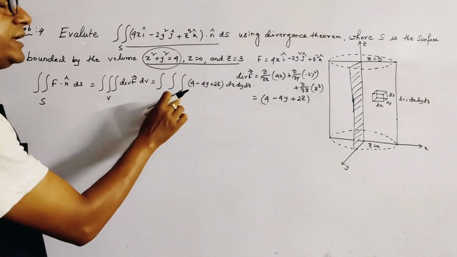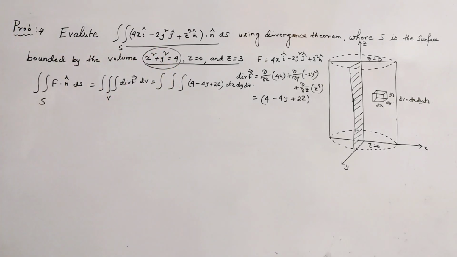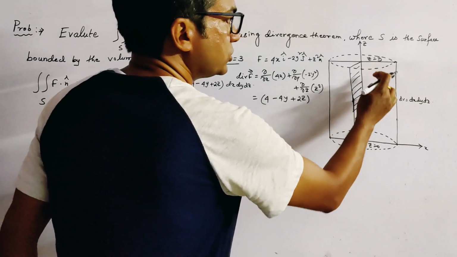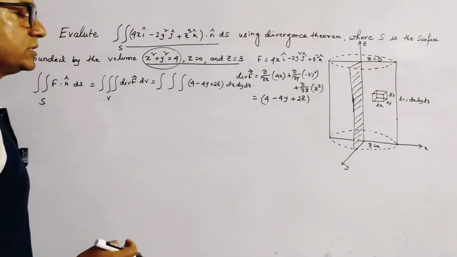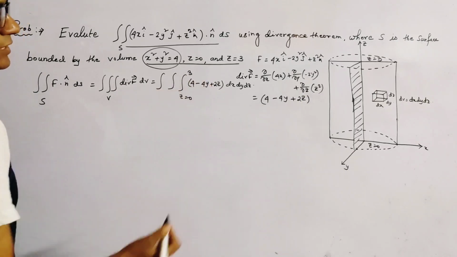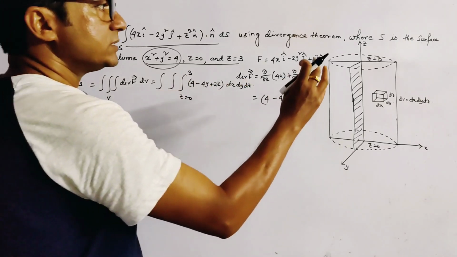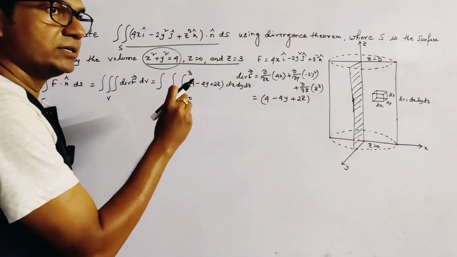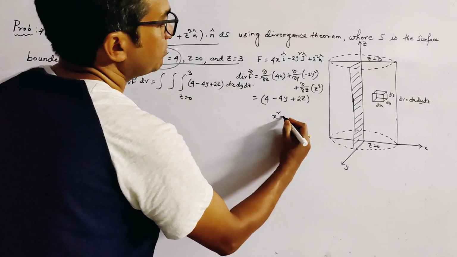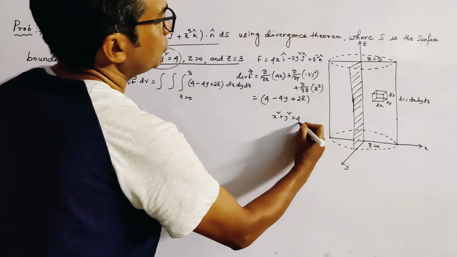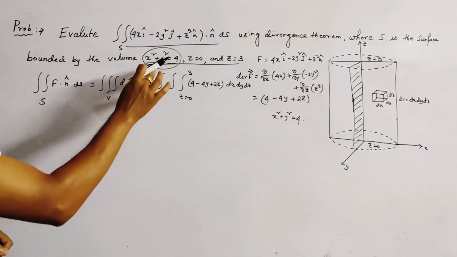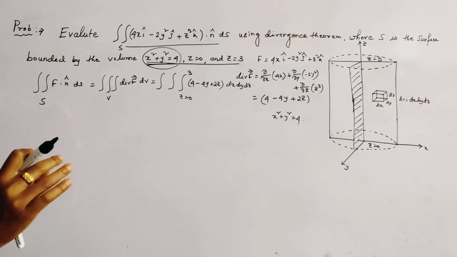Now we write the range of the integration. The range of z is clearly 0 to 3, a constant range. And when we put the range of z, we get the surface x² + y² = 4, which is a circle in the xy plane.